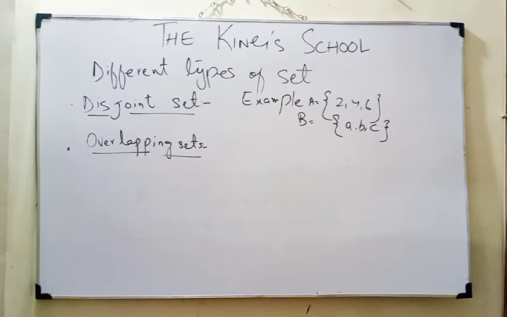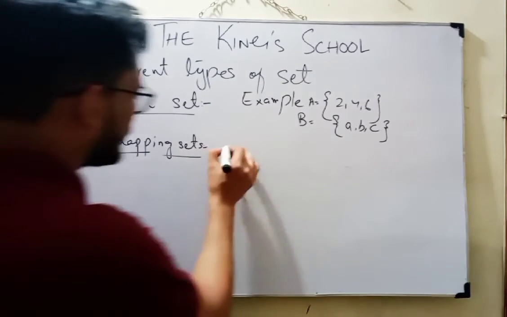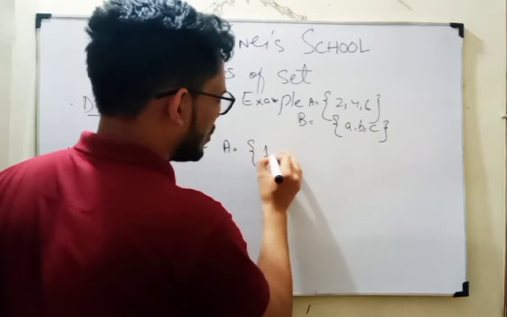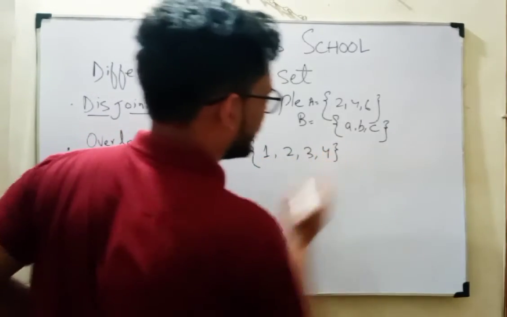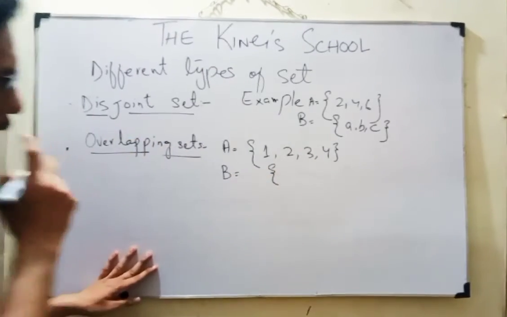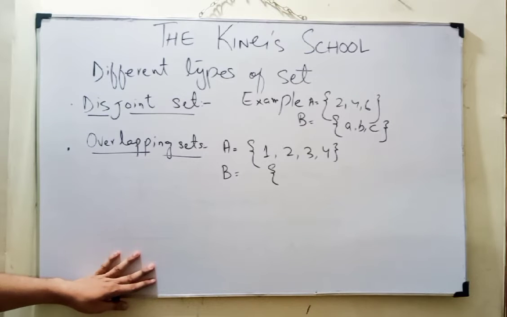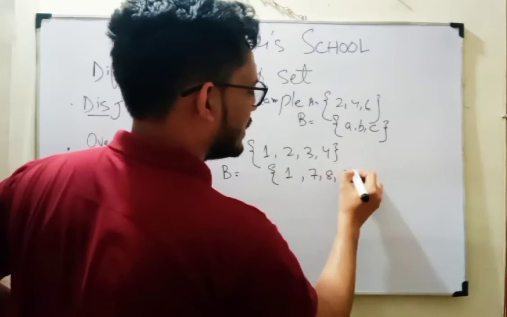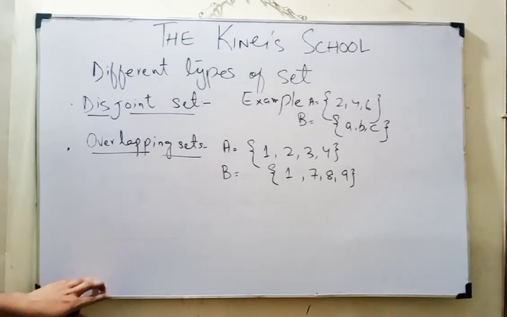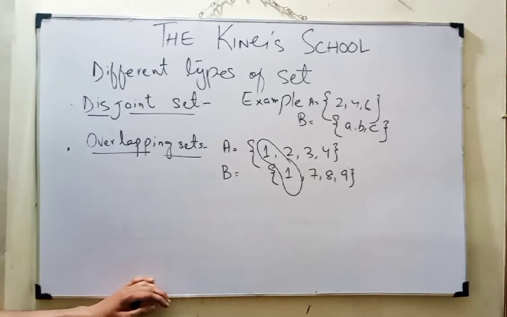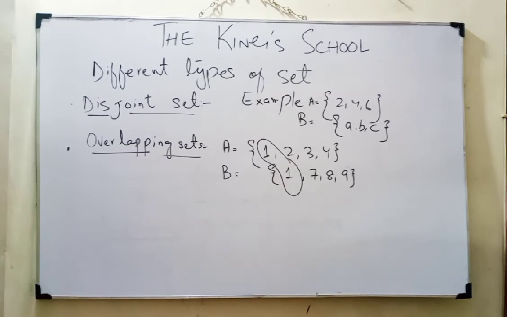Suppose a set A in which the elements are 1, 2, 3 and 4, and we have another example, B is a set in which the elements are 1, 7, 8, 9. It is an overlapping set because 1 is common in both sets. So at least one element should be common in an overlapping set.